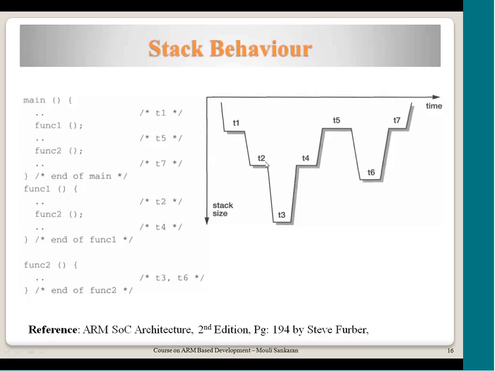The stack grows accordingly, so the size increases as the depth of the function calls increases. When they come back from function 2 at T4, this space is released, and when it comes back to main at T5, even the space reserved for function 1 is gone. So this is the stack space growing and coming down as per the flow of the program.